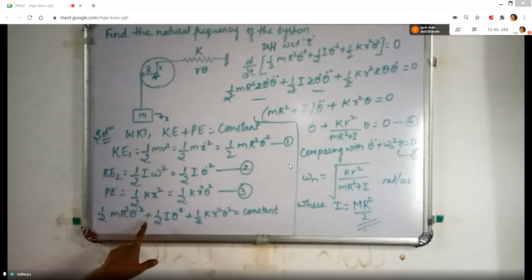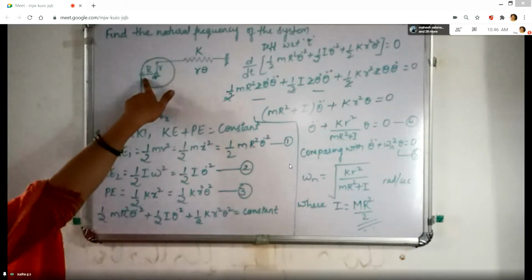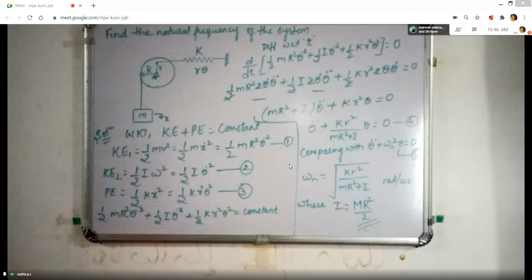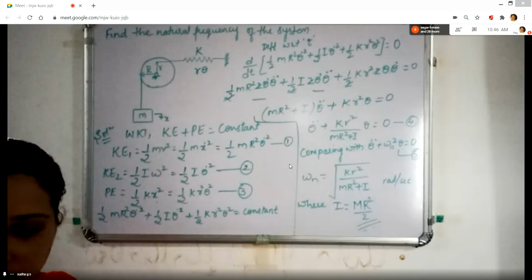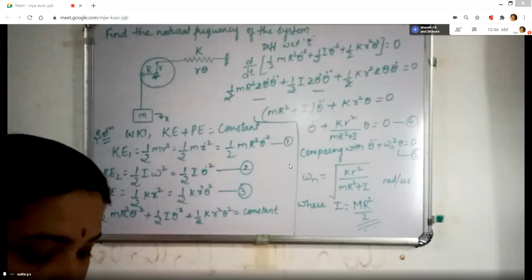So this problem is almost similar to the previous problem. There, this spring was fixed at a distance of capital R. Can you solve such problems if it is given now?